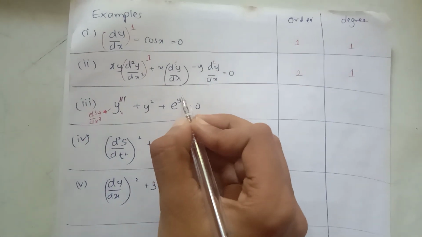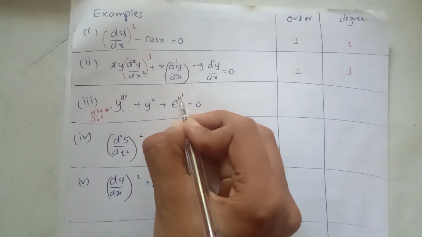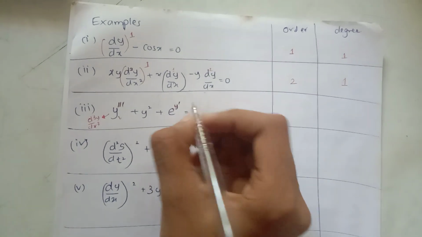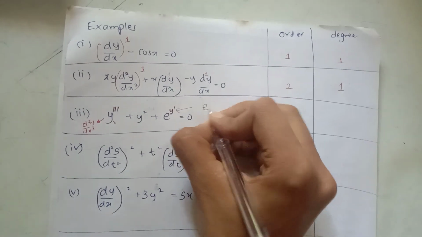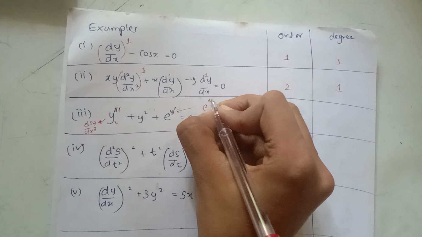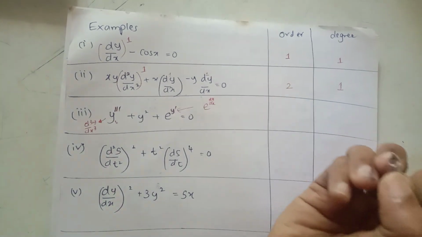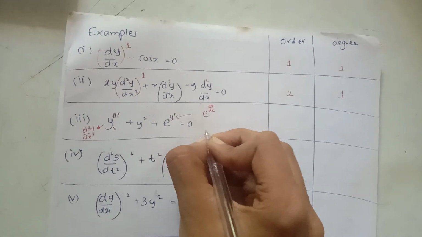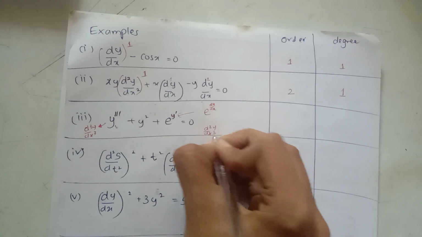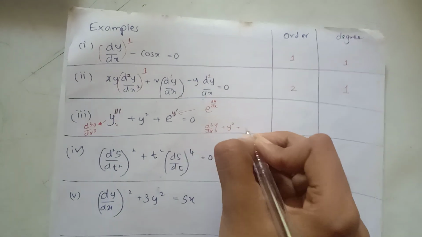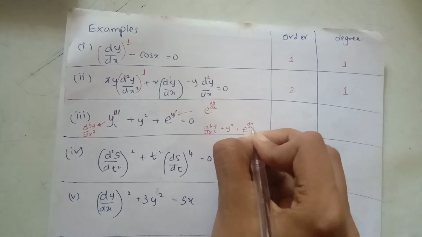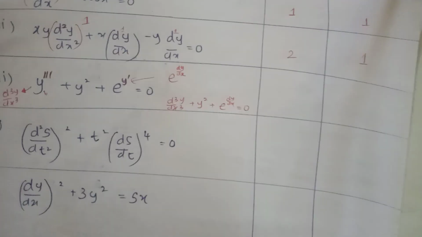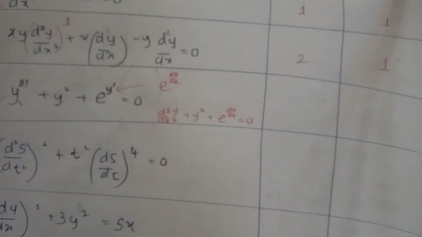And also this is y to the first derivative of y, which means we can write e to the power dy over dx, right? So this is d cube y over dx cube plus y square plus e to the dy over dx is equal to 0.